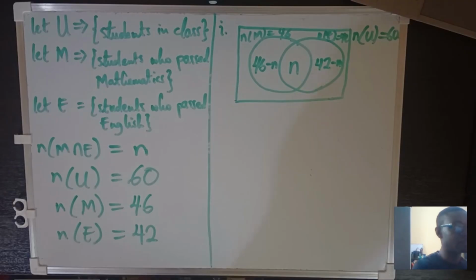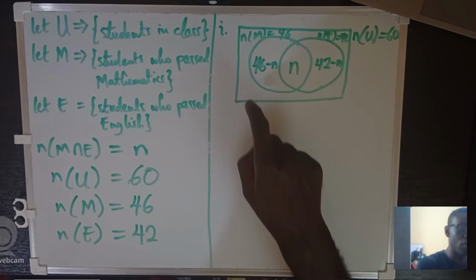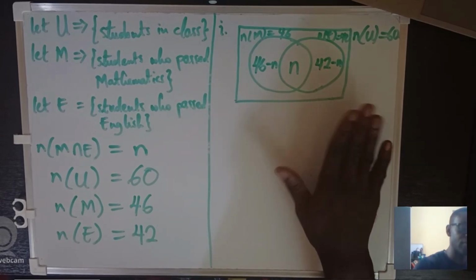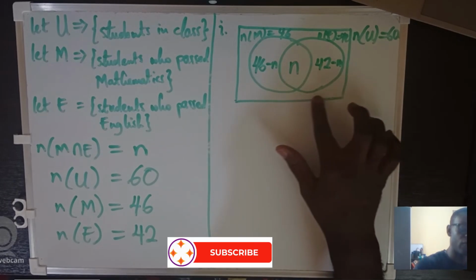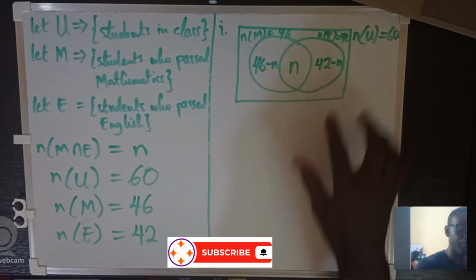The question said that every student passed at least one of the two subjects, so we don't have any students who did not pass any of the subjects. That is why we don't have any complement here.